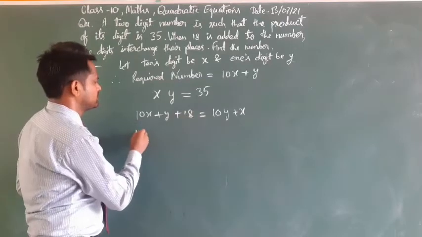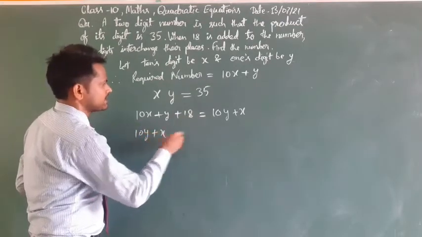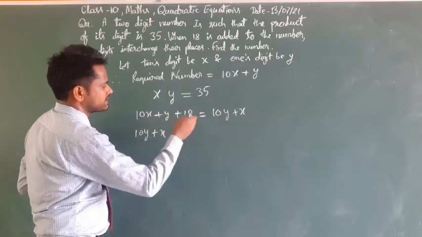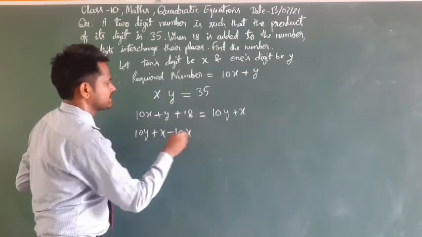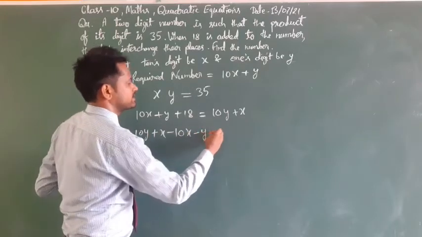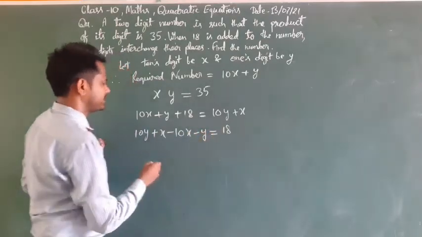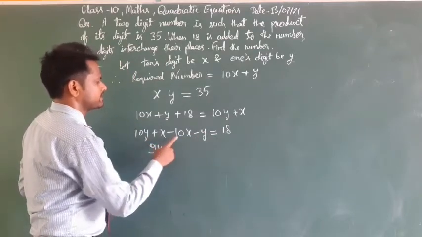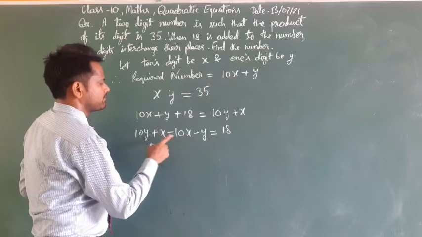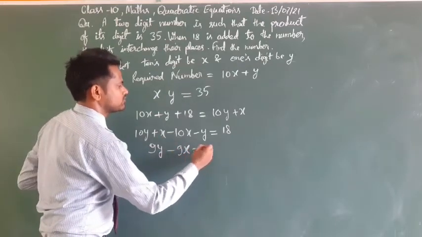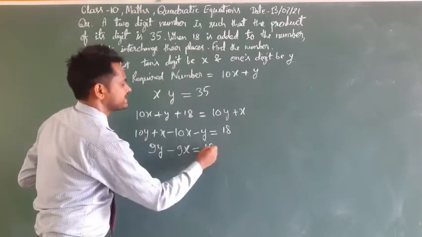Now transpose this 10y plus x as it is 10x. If you transpose 10x, then this will become minus 10x, and minus y is equal to 80. 10y minus y, that is 9y. Minus 10x plus x, that is minus 9x, is equal to 18.